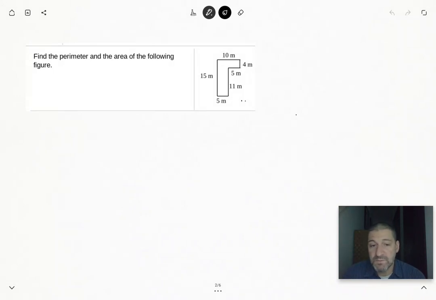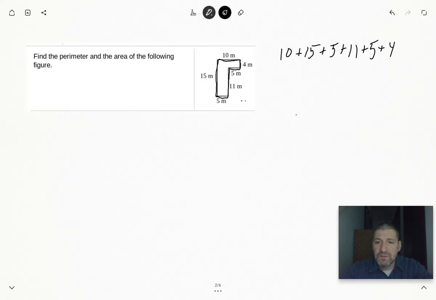We're going to run into some irregular shapes that are not just regular rectangles or squares or triangles. For this figure, the perimeter would be counting up all the sides around there. So adding up all the sides would give us 10 plus 15 plus 5 plus 11 plus 5 plus 4.